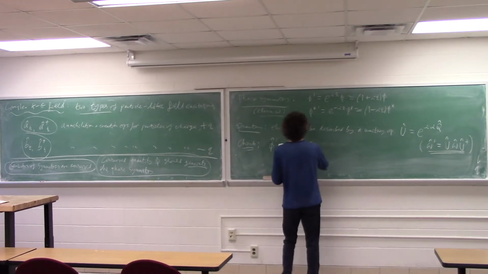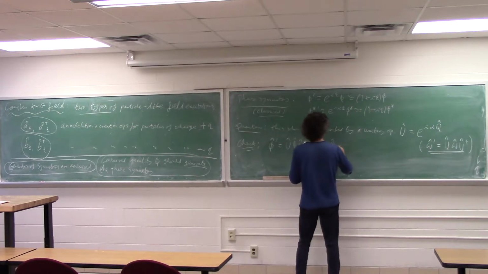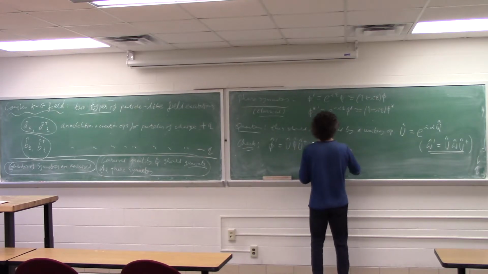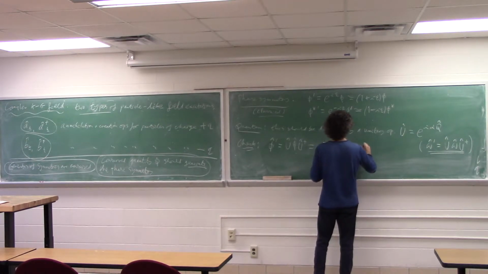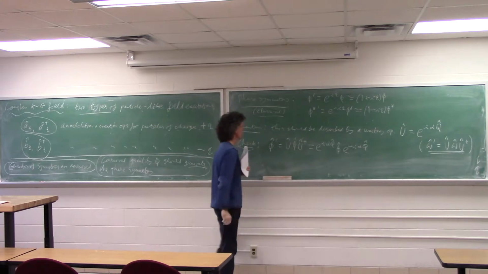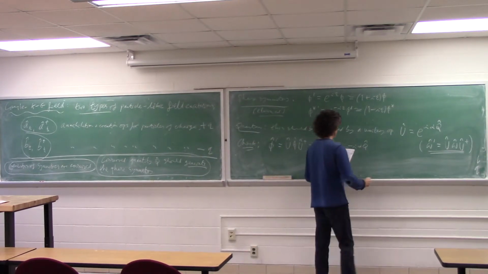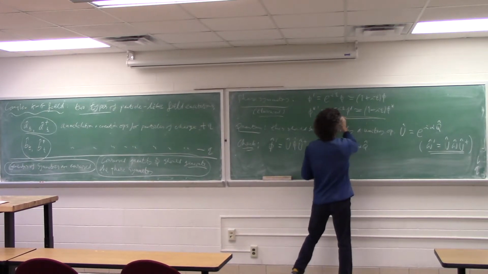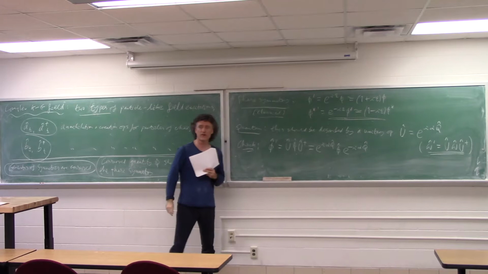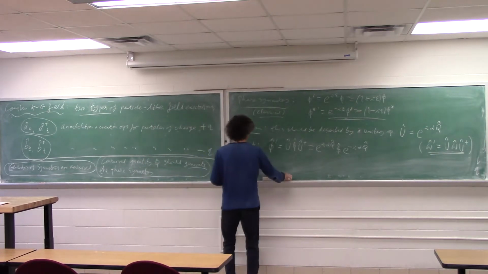So what is this? This is e to the I alpha q hat, phi hat, e to the minus I alpha q hat. Now this should give us something like the phase transformation. If it doesn't, then we've done something wrong.